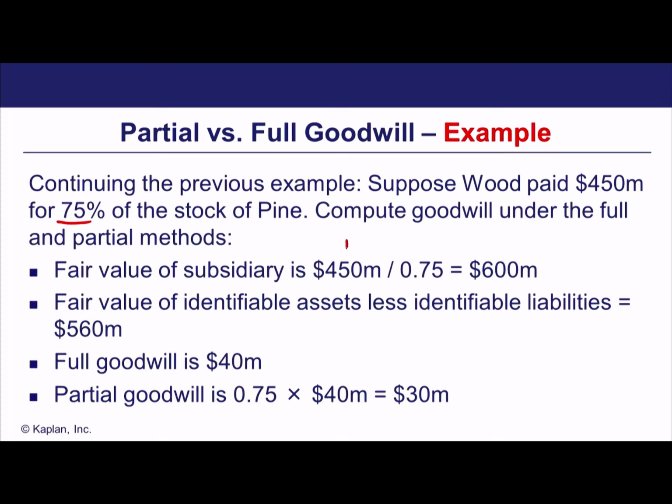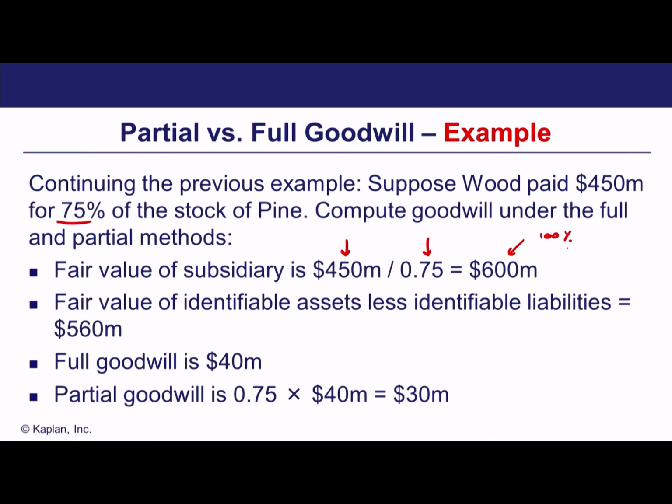So if we take that 450 million and divide by 0.75, then it's telling us 100% of the company must have been worth 600 million. In other words, 450 million represents 75% of the company, and therefore 600 million represents 100% of the company. So that's the fair value of the subsidiary.